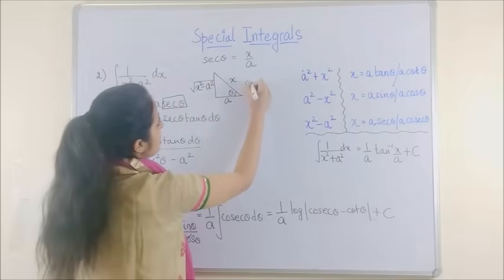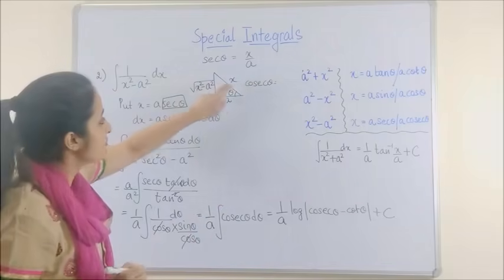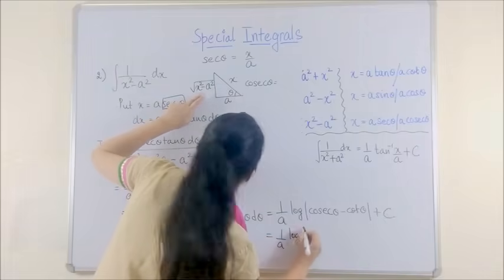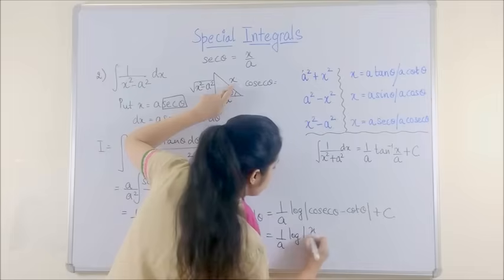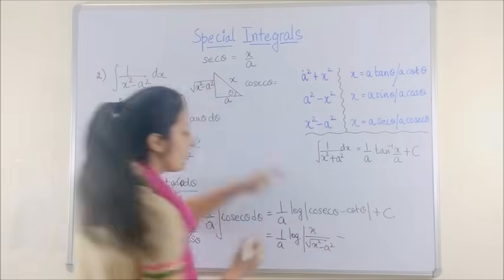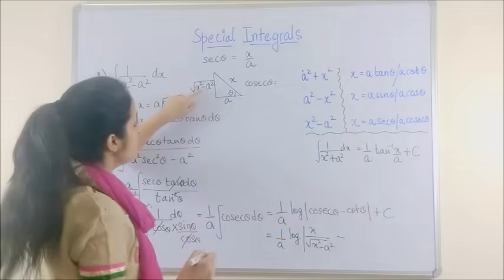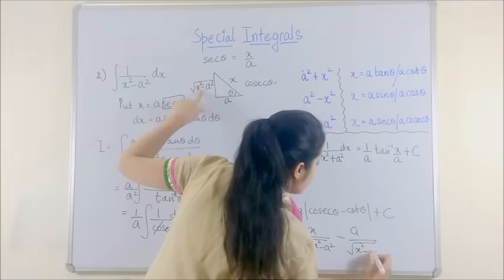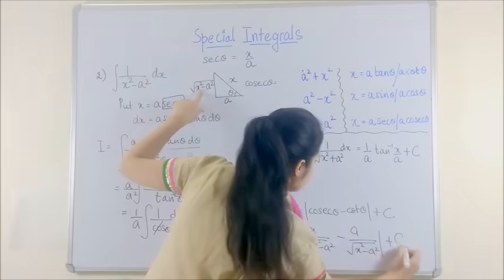From here, your cosecant theta becomes h by p. So I get x upon under root of x square minus a square, and cot theta is b by p, which will be a upon under root of x square minus a square plus c.